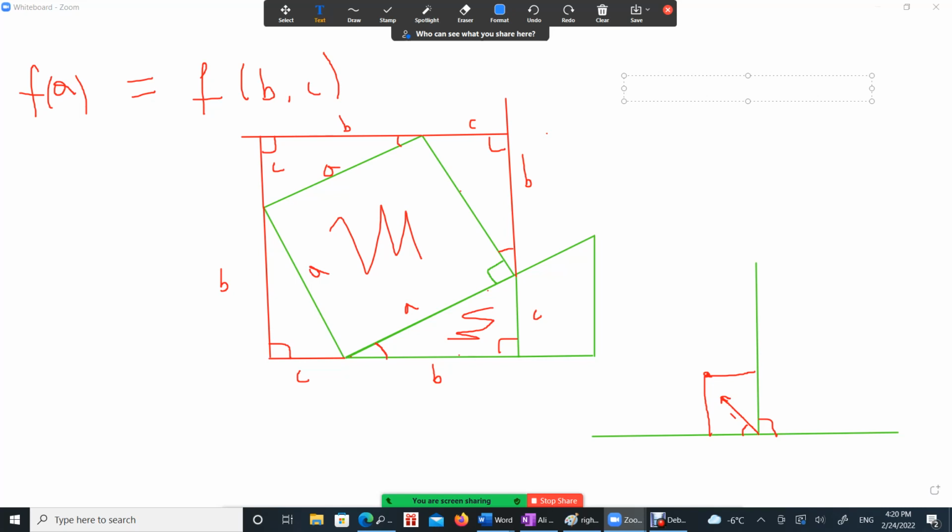The thing here that we're trying to see that gives us some hope is that this area is independent of the larger area, larger square, but they are related.